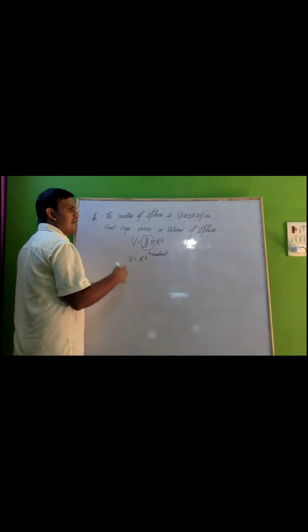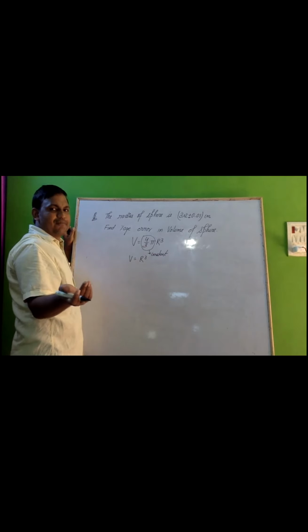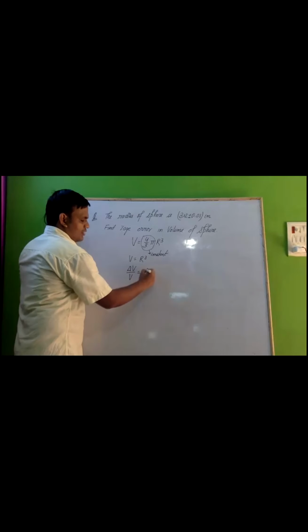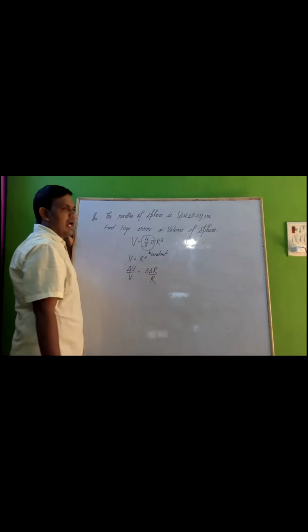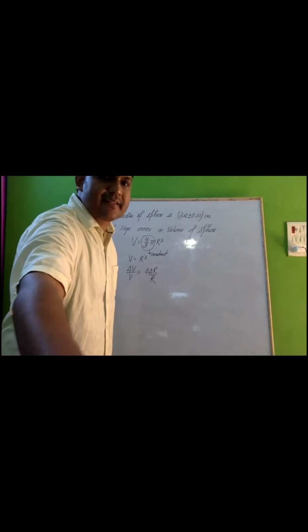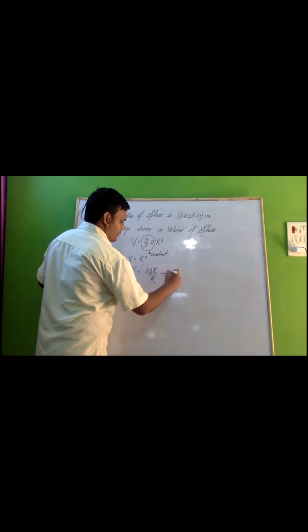So this is a case of multiplication. You know, this is a case of multiplication. So delta v by v is equal to thrice of delta r by r, and you want to calculate the percentage error, so multiply by 100.